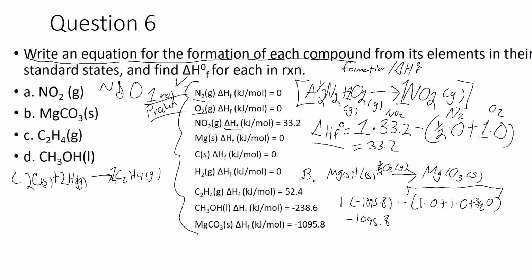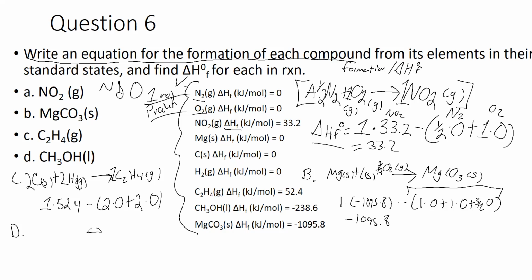Products minus reactants: 1 mole of C2H4 multiplied by the delta HF of C2H4, minus 2 for carbon, because we have 2 moles, multiplied by the delta H of carbon, 0, plus, because they're on the same side so they get a plus, 2 for 2 moles of H2, multiplied by the delta HF of H2, 0. So 52.4. That's not surprising because these values are delta H formations already, and I'm telling you to calculate it. So it should be the same number.